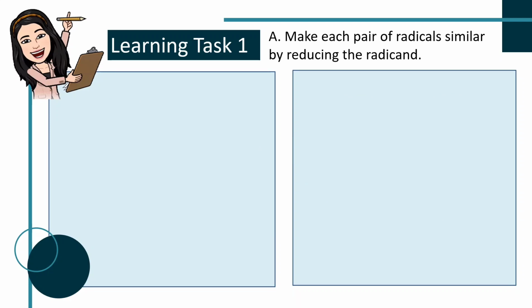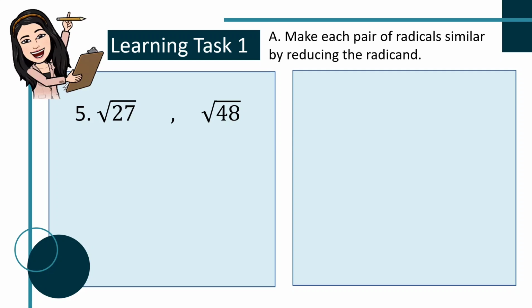Okay, so let us have our next example. For our number 5, we have the square root of 27 and the square root of 48. So again, itong pair natin or dalawang radicals natin ay pwede nating i-simplify parehas. Now, since ang ating root ay 2, let us just think of the pair or the factors of 27 in which one of them is a perfect square.